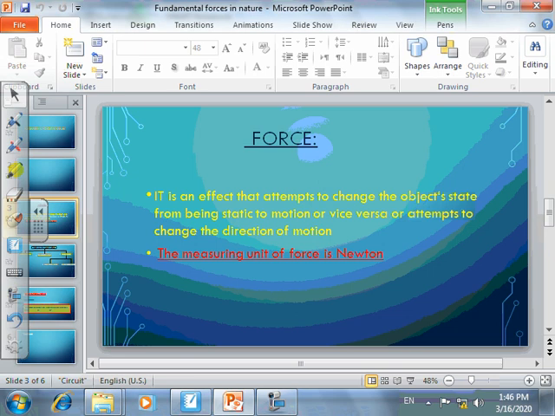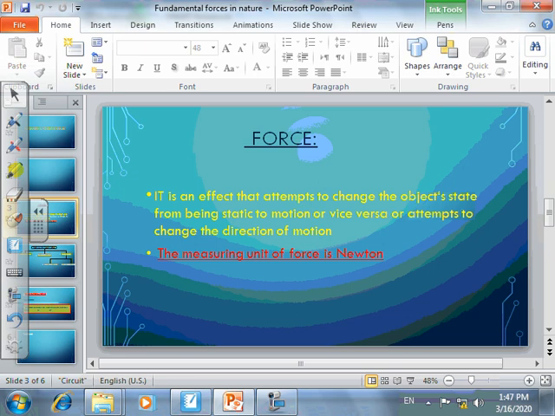Object state means phase, from being static, at rest or stable, as the fixed ball or the fixed book above the table, to motion while we push the ball, or vice versa, it could move and then stop, or stop and then begin to move, or tend to change the direction of motion. As we said, the football player could change its direction also.